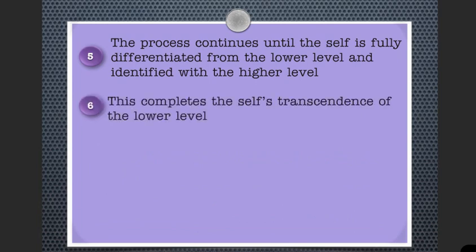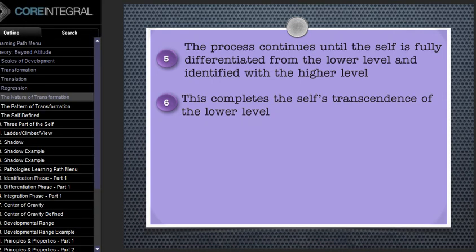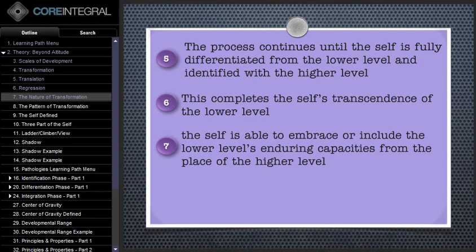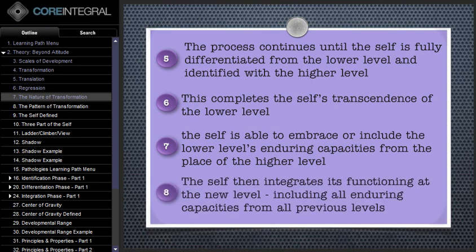This completes the self's transcendence of the lower level. 7. At this point, the self is able to embrace or include the lower level's enduring capacities from the place of the higher level. 8. The self then integrates its functioning at the new level, including and coordinating all enduring capacities from all previous levels.